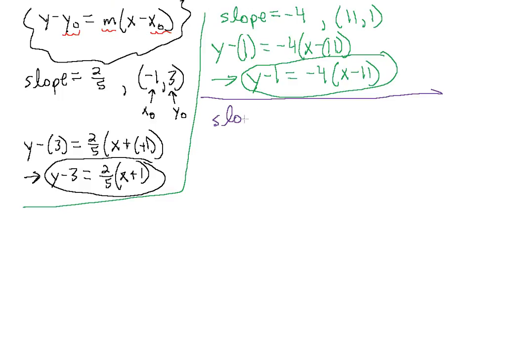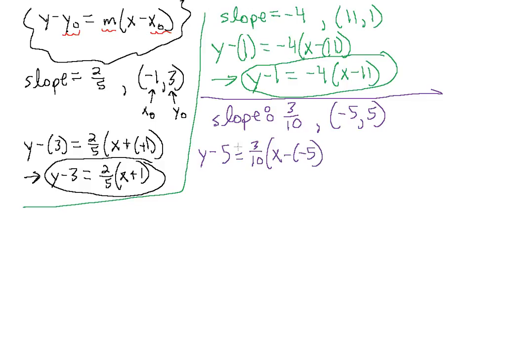Let's run through a few more. The slope is given as 3/10, and the line passes through the point -5, 5. Let's write this in point-slope form. We have y minus y naught, which is 5, equals our slope, 3/10, times x minus x naught, which is -5.